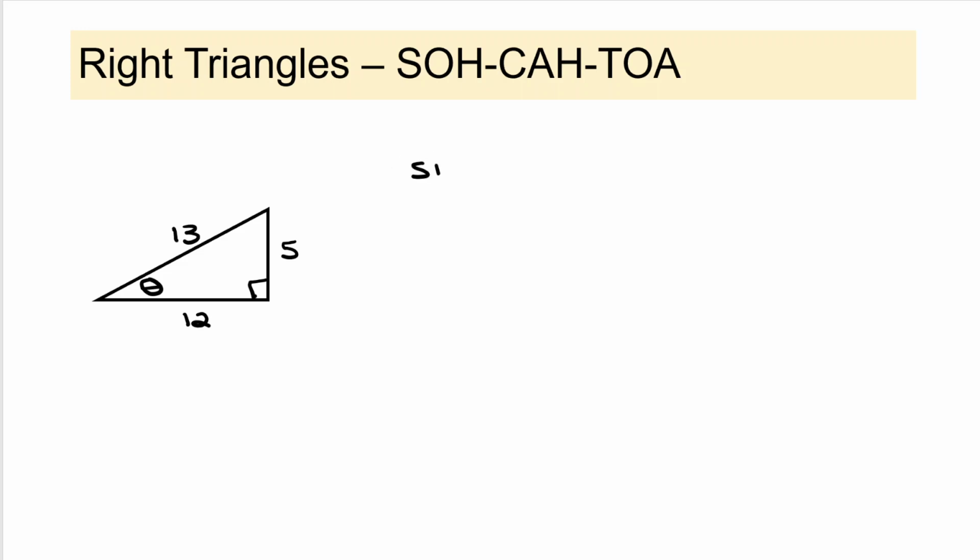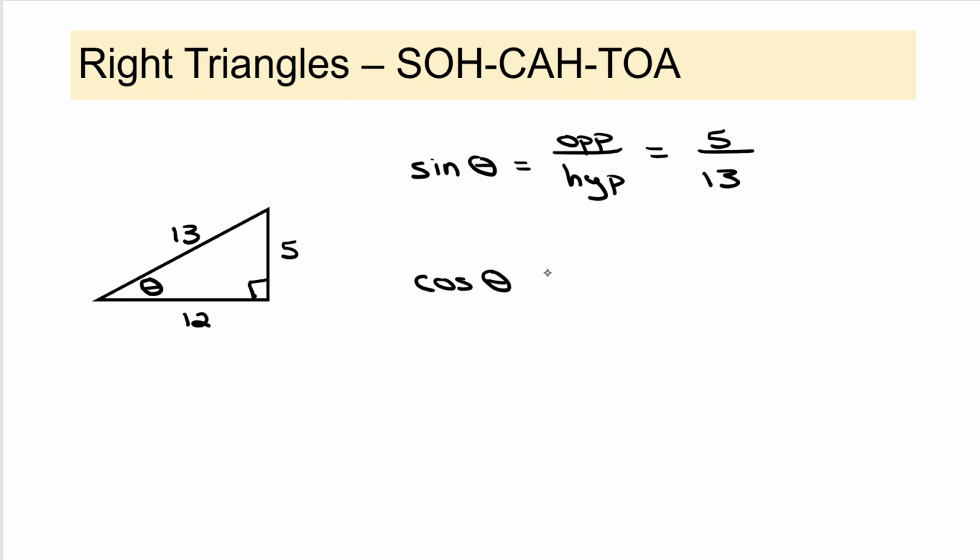So sine of theta, remember, sine is opposite over hypotenuse. So if I look at theta, opposite angle theta is 5, and the hypotenuse is opposite the right angle, so 13. All right, one down.